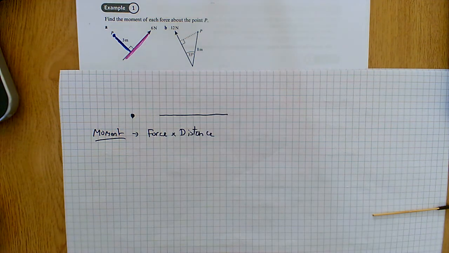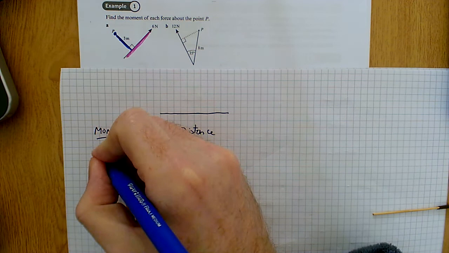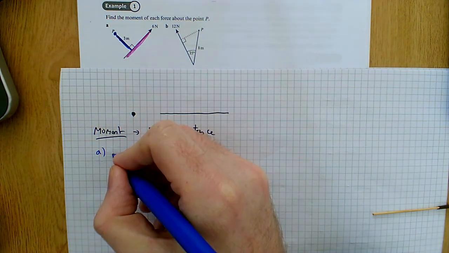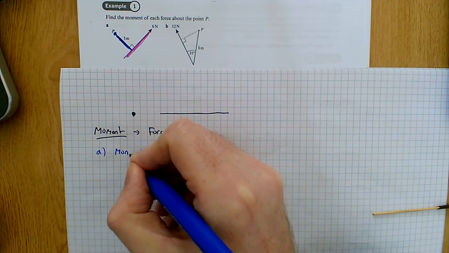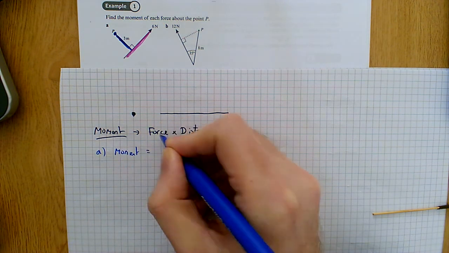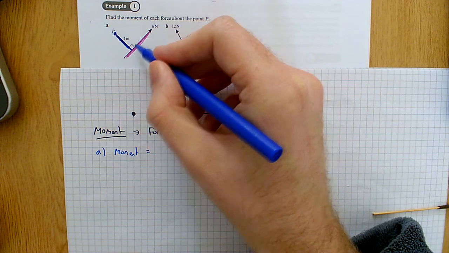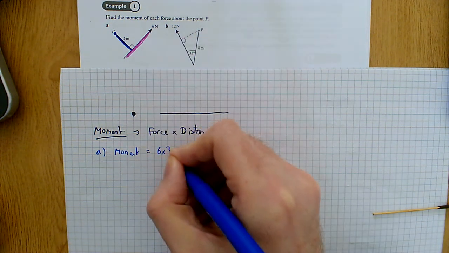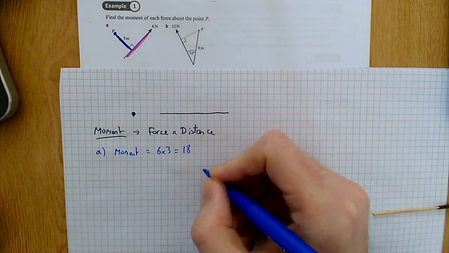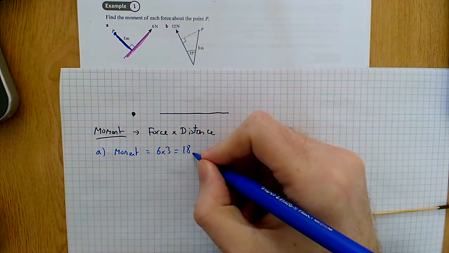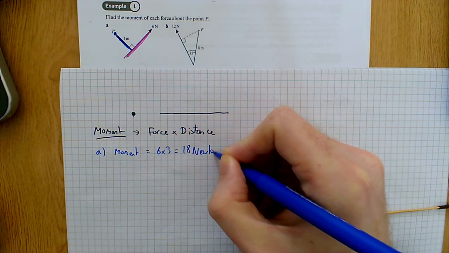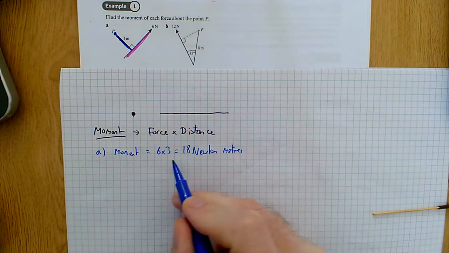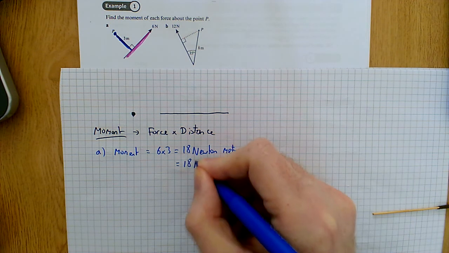In example 1A, the moment is force times distance. The force is 6, and where the force is acting is 3 meters away from the pivot point. So it's 6 times 3, which is 18, and the units are called Newton meters, because it's how many newtons and how many meters away it's acting. We'll abbreviate this as Nm.